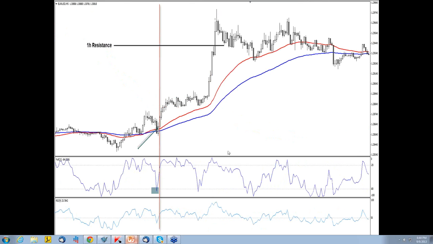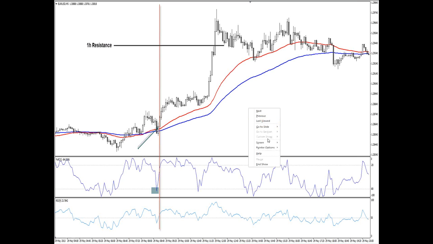Now pay attention to this chart. Let's say that this is a resistance which we have determined by using manually drawn lines and an indicator, and indeed this was 1-hour resistance. I have not cherry-picked it to show you the exact chart. I really saw it as resistance as I was scrolling to the left of the chart.